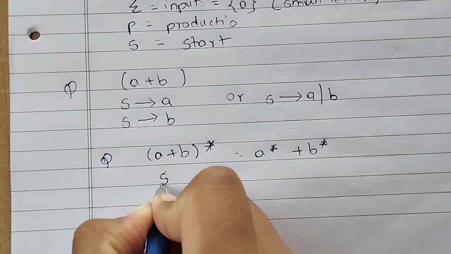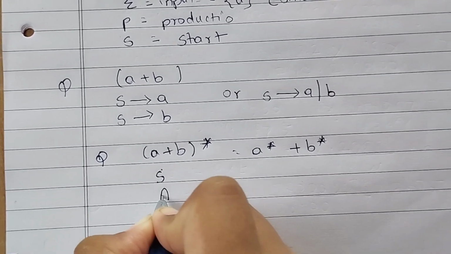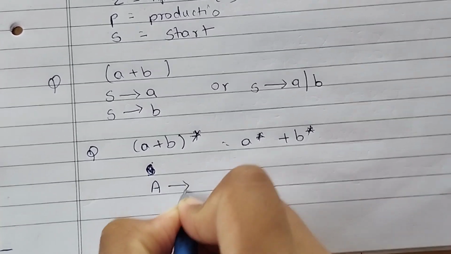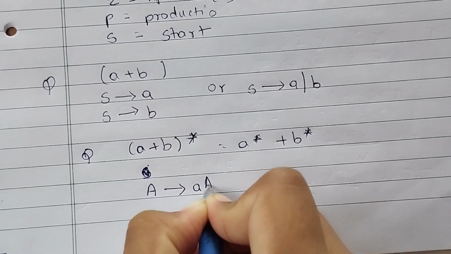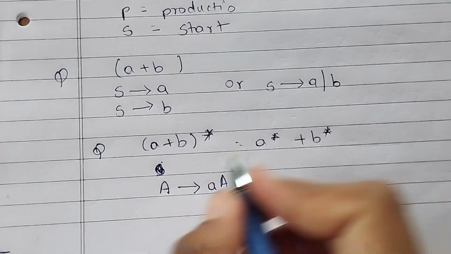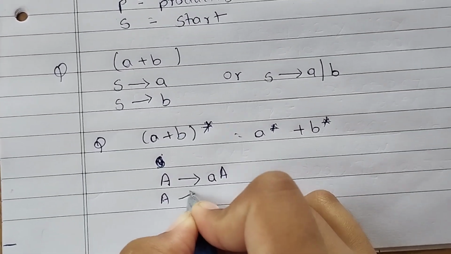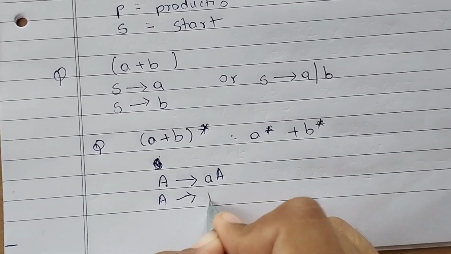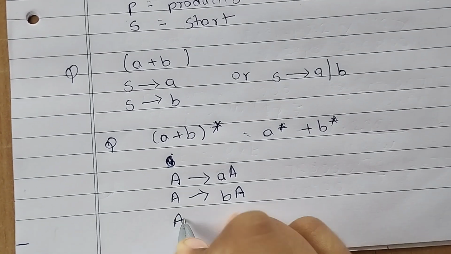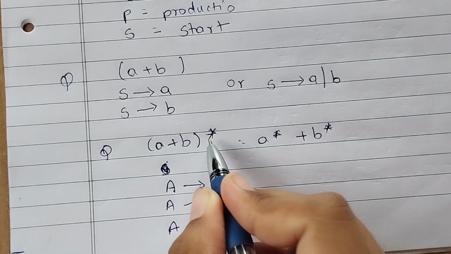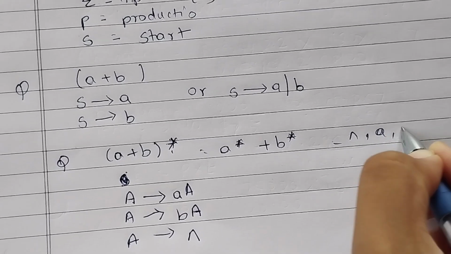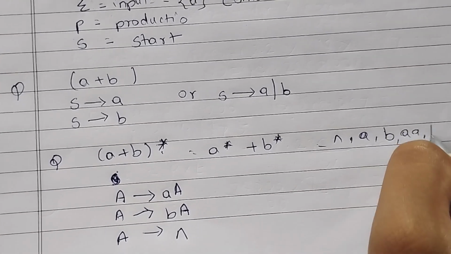So first we start with this A. A reads A, meaning this A repeatedly calls this small a again and again, or A reads B, so B is repeatedly called, or this A reads null also, because star is nothing but the start from null, then only A, only B, AA, BB.